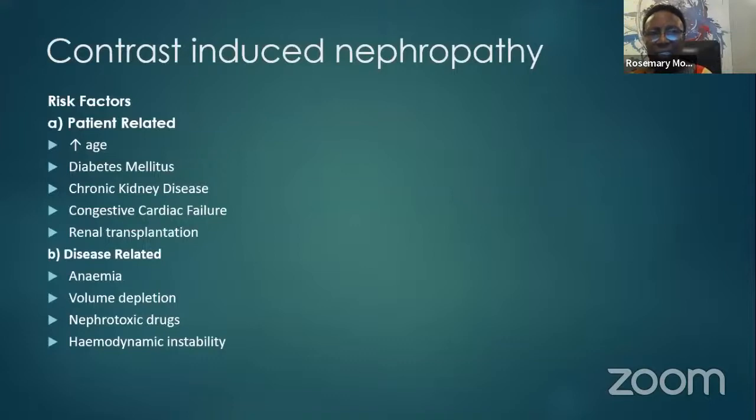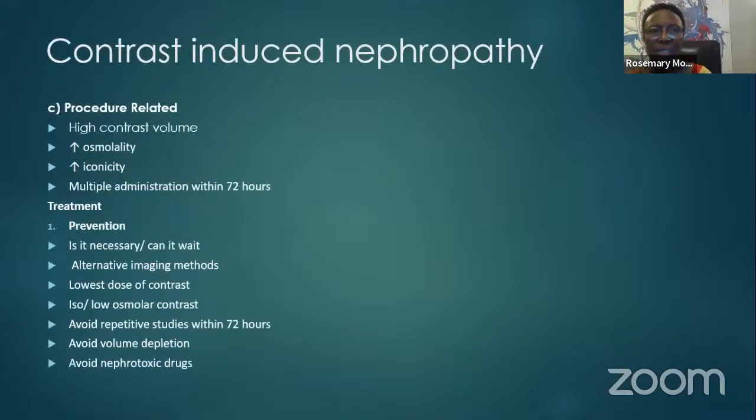You've got patient-related risk factors and disease-related risk factors. With your patient-related, if they are older, it's a problem. If they've got diabetes mellitus, especially with nephropathy, if they've got chronic kidney disease, congestive cardiac failure, and they've had renal transplantation. Disease-related will be if your patient has got anemia, is volume depleted, and exposure to nephrotoxic drugs, and they've got also hemodynamic instability.